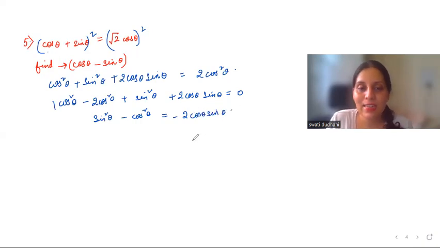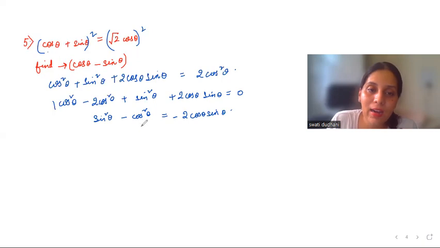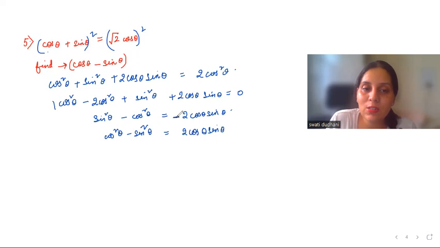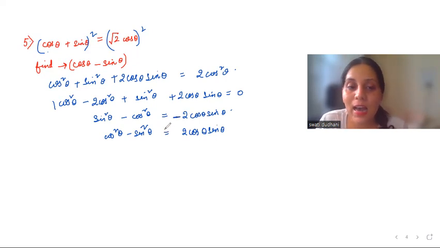Now, here I want to get rid of this negative sign, so I can reverse this. I can write this as cos square theta minus sine square theta, so this becomes 2 cos theta sine theta. Basically, to get rid of this negative sign, I multiplied negative to both the sides.